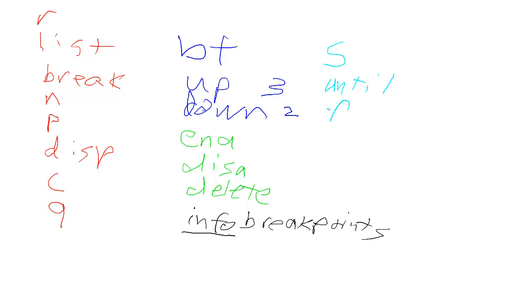You can say finish, which will finish executing a given function, and it will execute all of the code until it gets to the end of that function. There are also movement commands that just move your instruction pointer. In other words, they just move where you are in the code. They don't execute all of the lines between where you are and where you want to be. And these commands are return and jump.